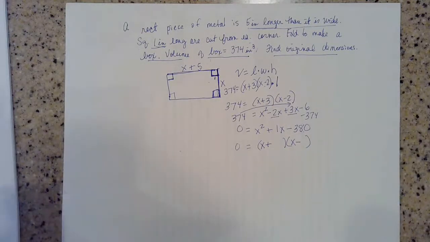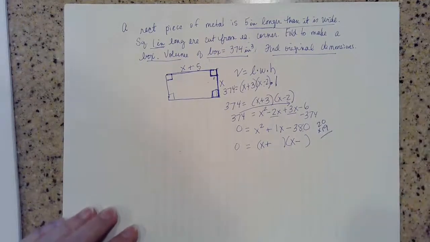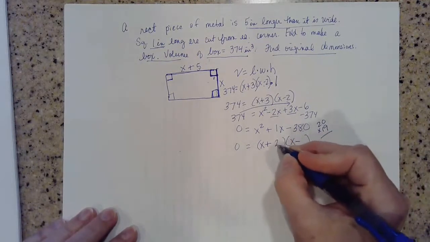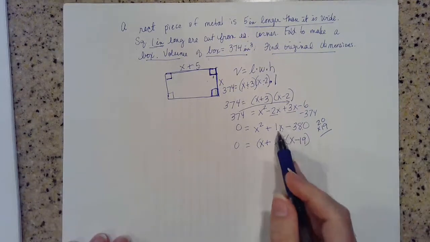So I go to my calculator and try 380 divided by random numbers, maybe 15, 17, 18, trying to find ways to divide out 380. Oh, I found one. 20 times 19 is 380. If I do a positive 20 and a negative 19, when I FOIL it, I will get a positive 1 for the middle term.